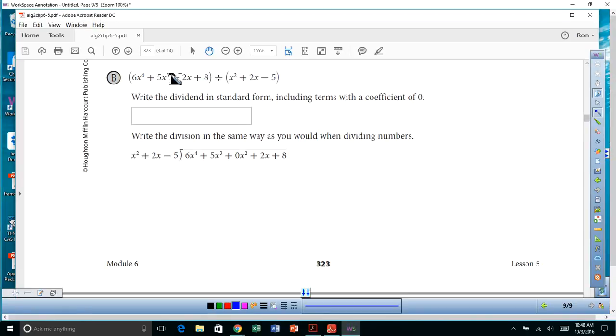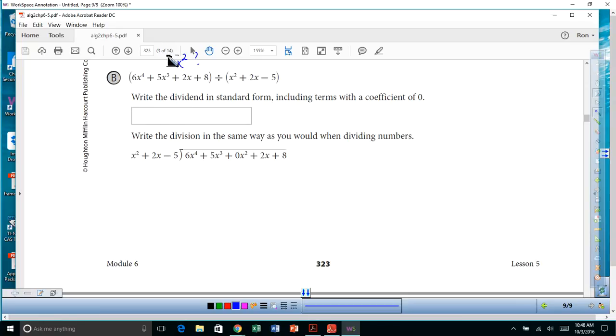So we have 6x to the 4th plus 5x cubed plus 2x plus 8 divided by x squared plus 2x minus 5. Now, when you're going to do long division or synthetic division, you don't have an x squared in here. Where's your x squared? You're going to want to put a placeholder in for that.